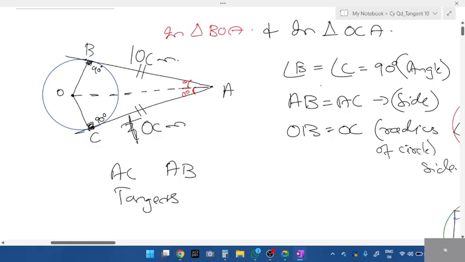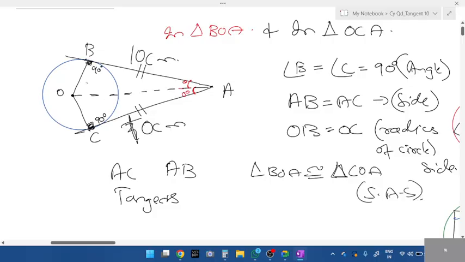See, two sides. What is the common side we have for both the triangles? OA is common. So we have one angle, one side, and one side: side angle side. Therefore, triangle BOA is congruent to triangle COA through side angle side.